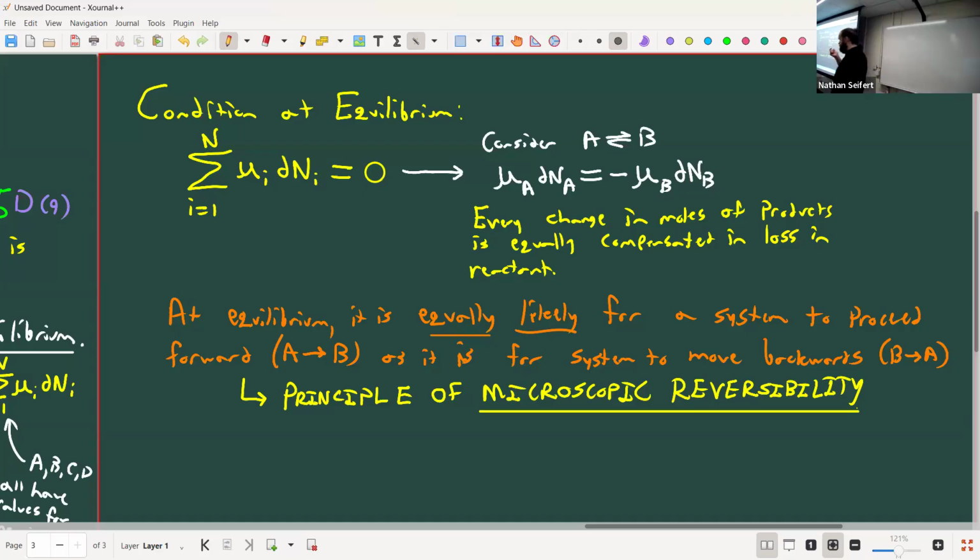For instance, combustion is a really good example. You take some sort of oil, some hydrocarbon, and you take O2, and you spark it and you make CO2 and H2O. That's a really easy process to do. You get tons of H2O and CO2.